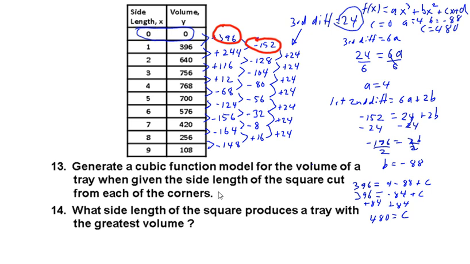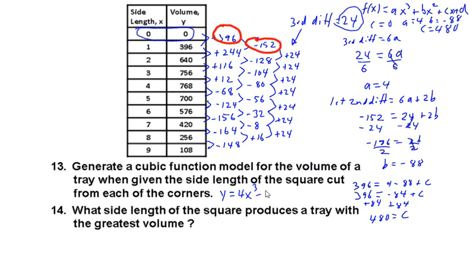So we have all the components now, and so our function I'm going to write in this little space here. We have f of x. It says y in the table, right? So y equals ax cubed. So 4x cubed. And we have b is negative 88.